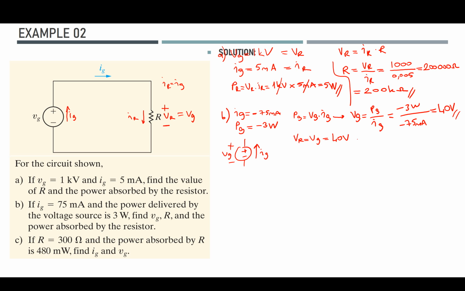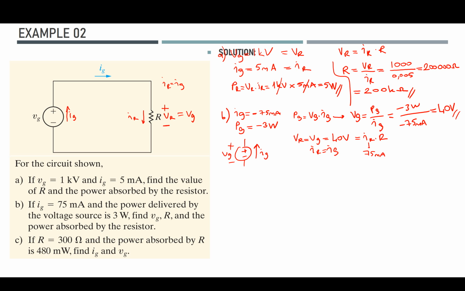And this should also be equal to the IR times R, and I know that IR equals IG. This equation still holds because circuit topology hasn't changed and I haven't changed my reference directions. Everything is consistent.